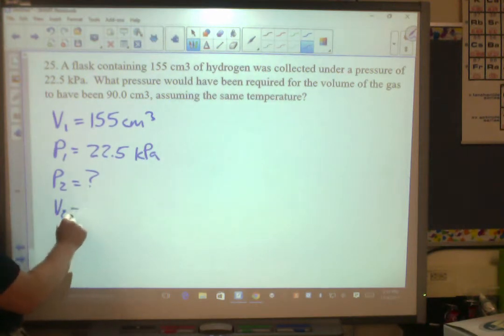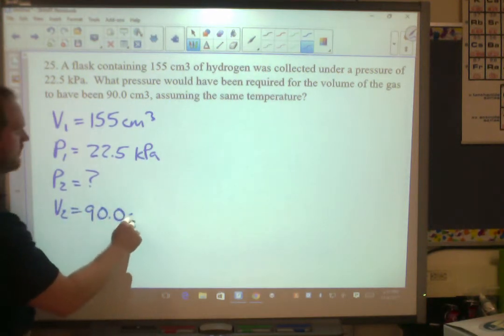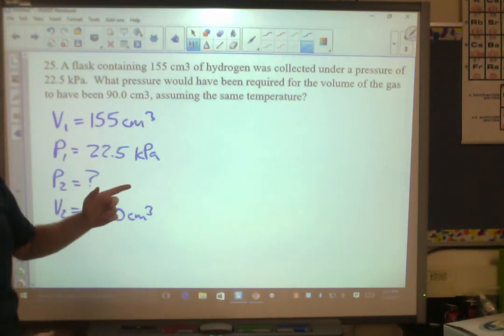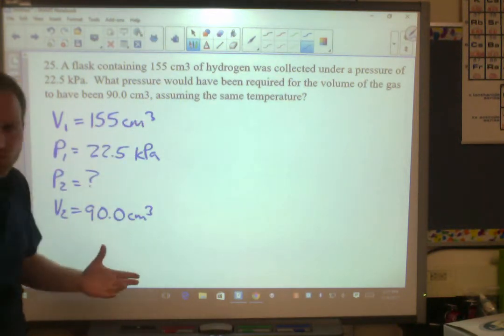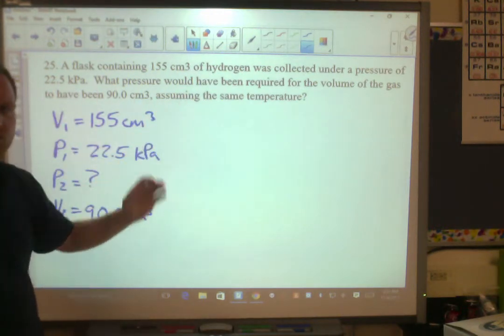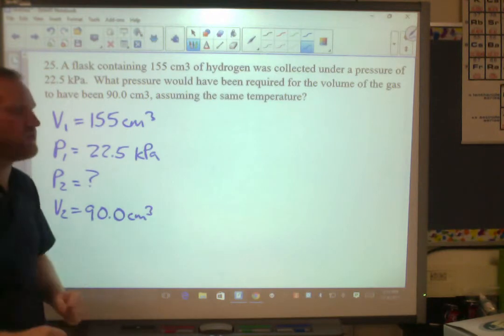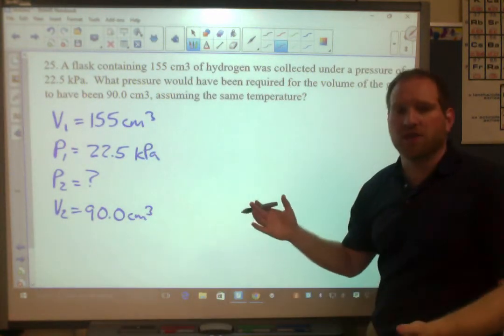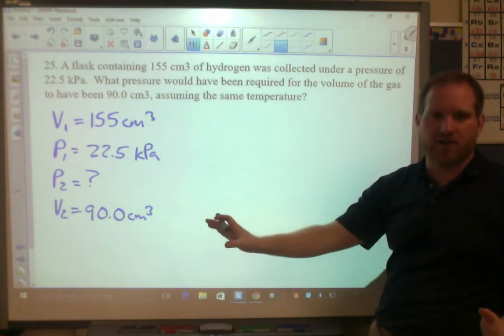So V2, my new volume, is going to be 90.0 centimeters cubed. Notice it says temperature is held constant, same temperature. It's also assumed that number of particles, or moles, are held constant. You don't see anything here about changing moles, so we can leave N1 and N2 out of the equation. So when it comes to writing our formula, I always just write the entire thing and then cross out.